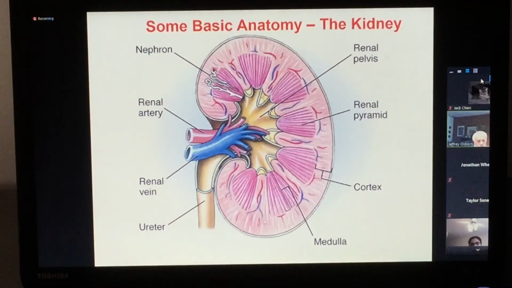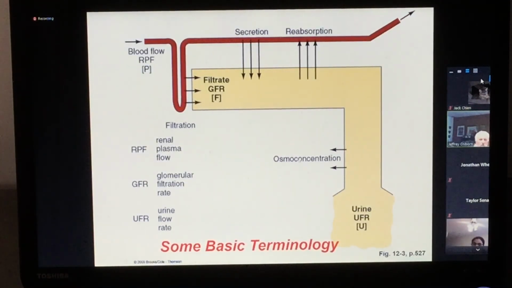Now, we osmoconcentrate our urine by reabsorption of water late in the nephron, right before the tubular fluid moves into the ureter and becomes urine.